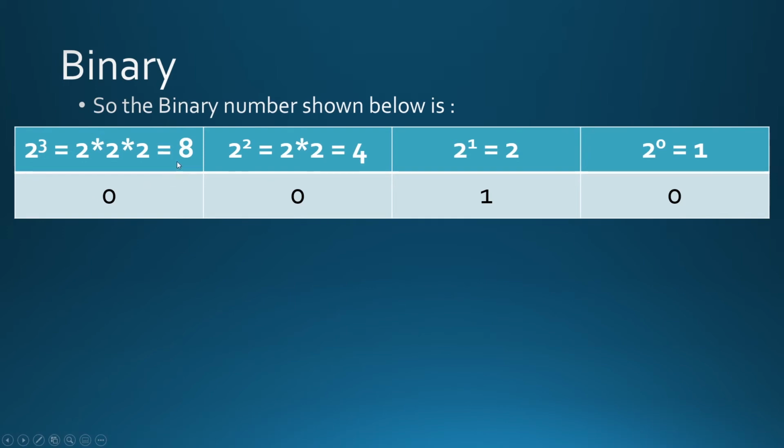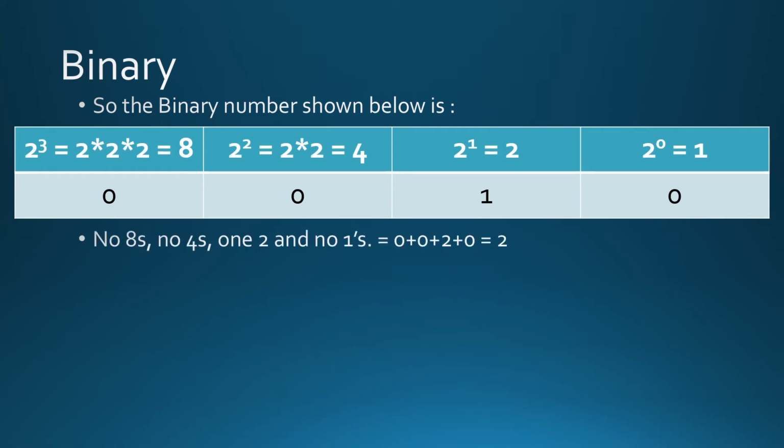And it's got no 8s. So what do you think it is? No 8s, no 4s, 1 2, no 1s. So it's 0 plus 0 because it's no 8s plus no 4s plus 1 2. So we've got a 2 plus no 1. So add it all up together. You get 2. So 1 0 in binary is 2 in denary.